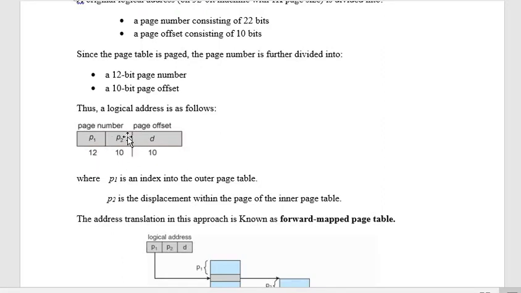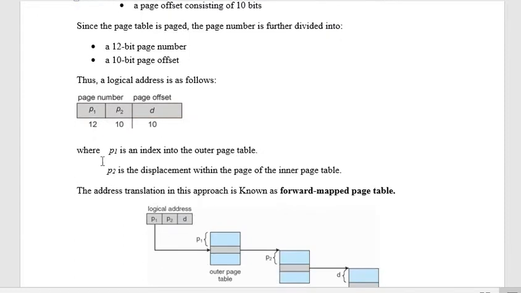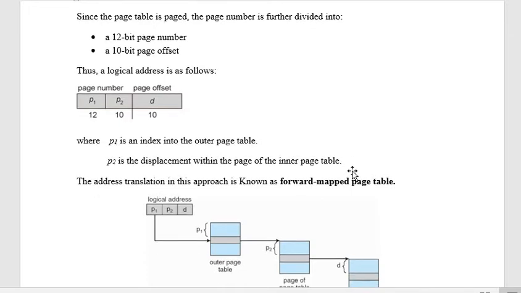You'll have an index generated by the CPU once it generates the logical address, so you can reach that particular location, add the offset and get the frame number. Remember, when you divide the page number into two halves, the first part, P1, always gives the index to the outer page table. P2 is the displacement within the page of the inner page table.